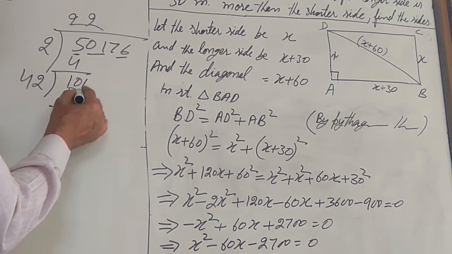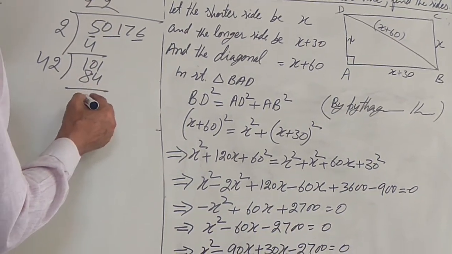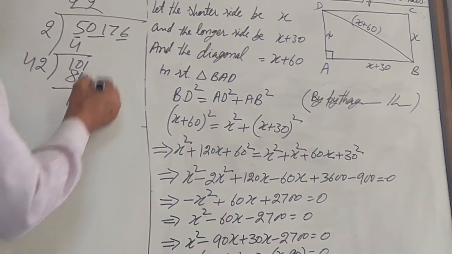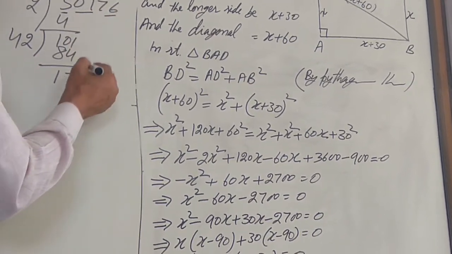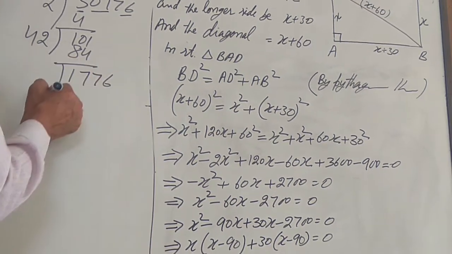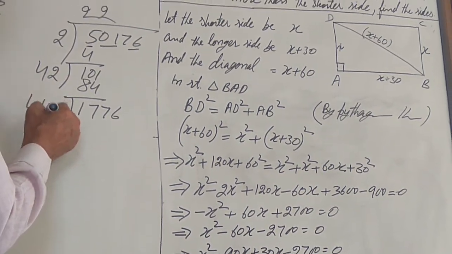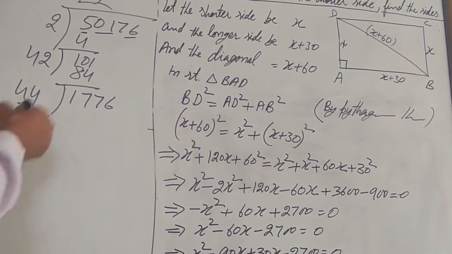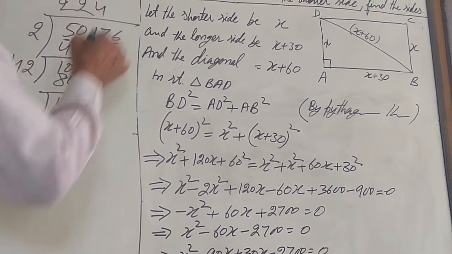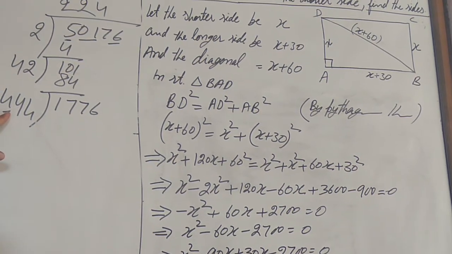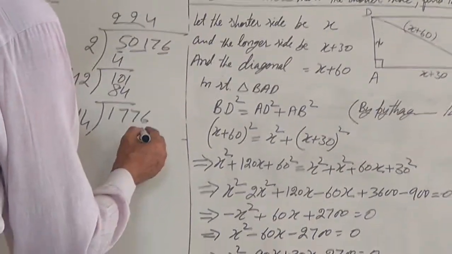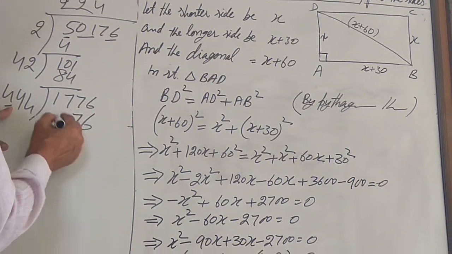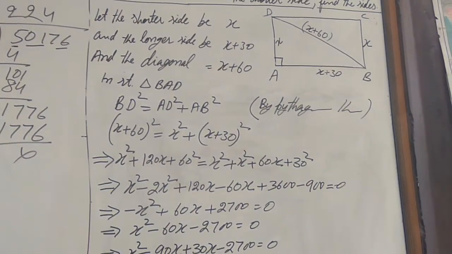Here you get 1, and here you get 76. This gives you 44. Now 4, how many times? 4 times 4 gives 6, 7, 7.